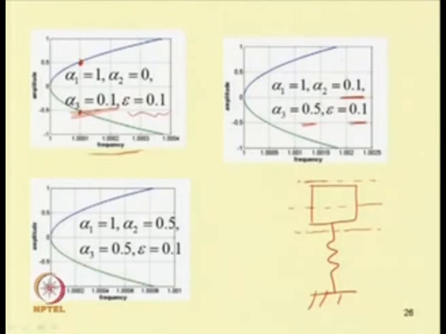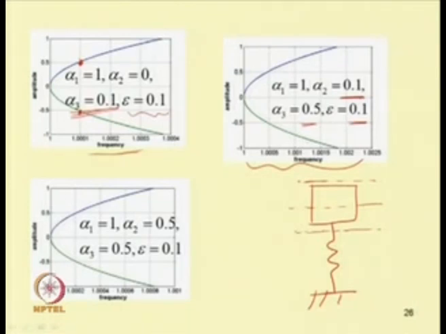In this case also, one can see the frequency. Here, corresponding to amplitude 1, one has frequency nearly equal to 1.004, but in this case the frequency decreases.